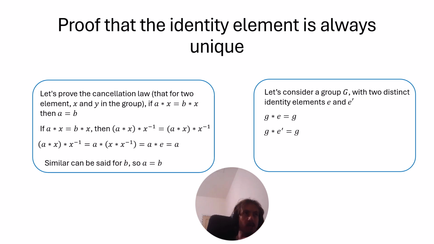Now clearly g is equal to g because an element is equal to itself, so g star e is going to have to equal g star e prime, and I think you can see where we're going. We can say that e is equal to e prime by the cancellation law.